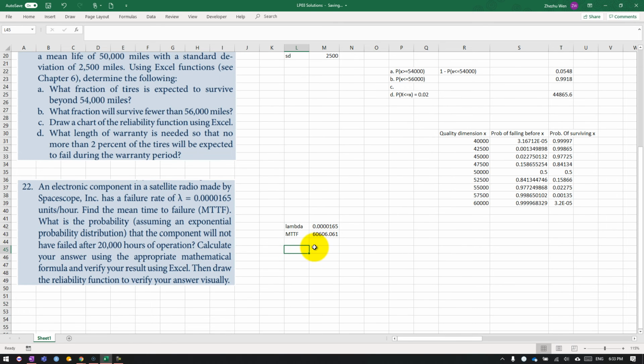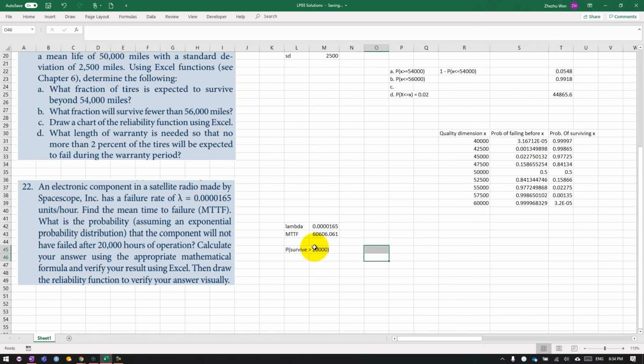And you'd like to know the probability of survival after 20,000. Let me think about this. Will not have failed, meaning that it survived 20,000.